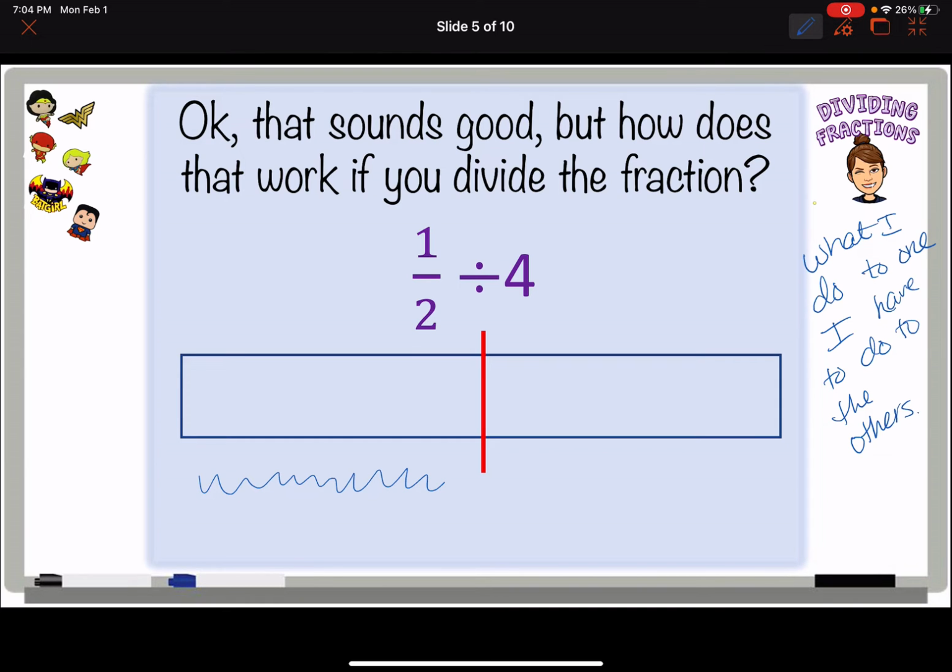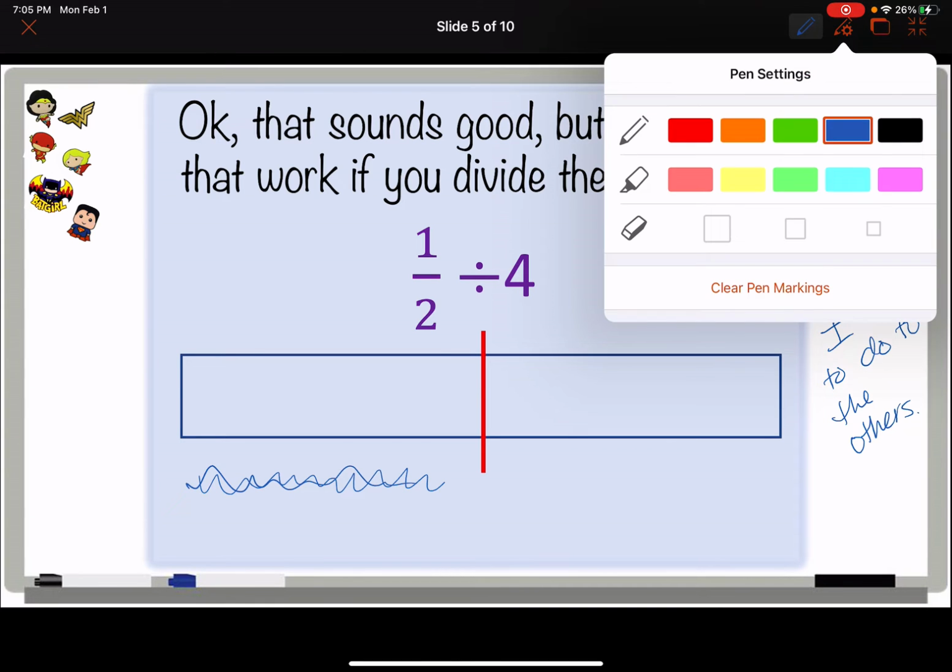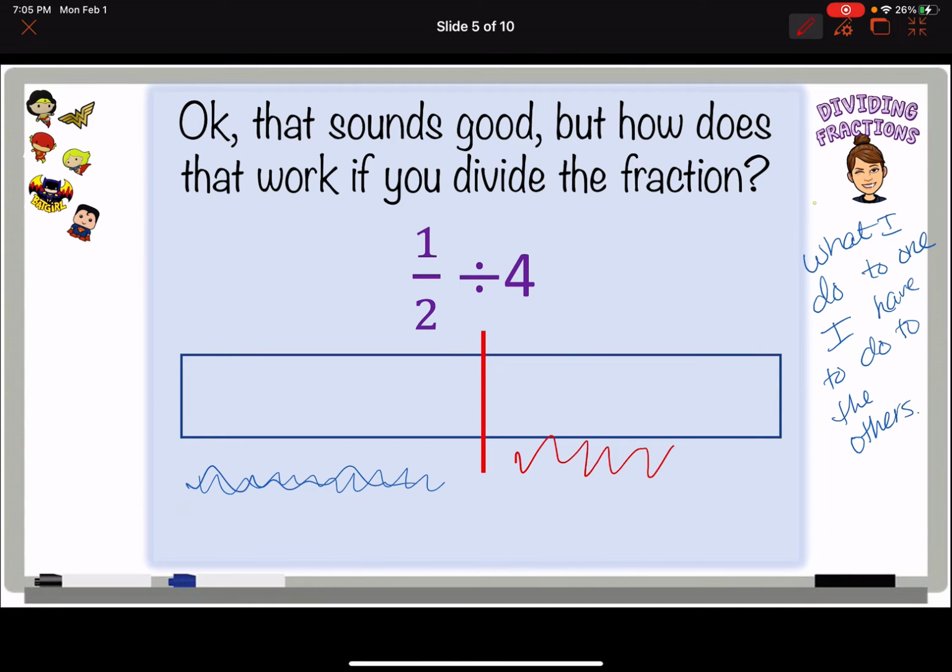So what I do to this half, I still have to do to this half, even though I'm not looking at it. So I want to take half and I want to put it into 4 groups. So I want half in 4 groups.